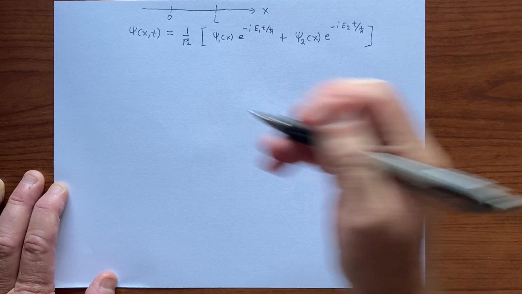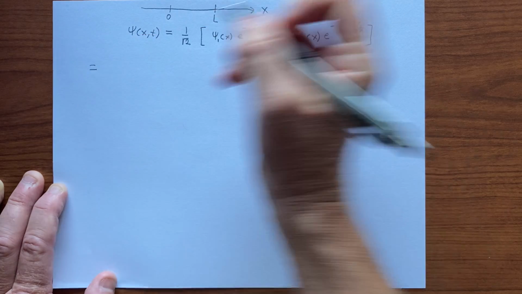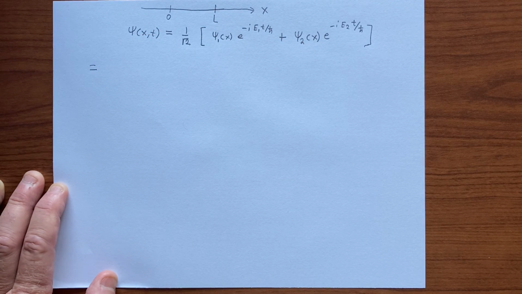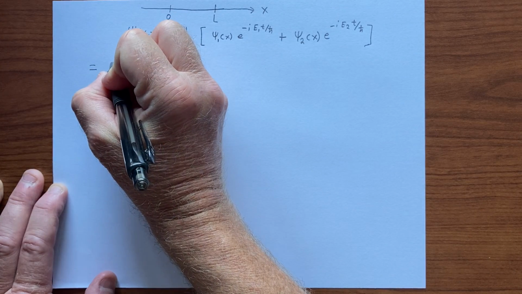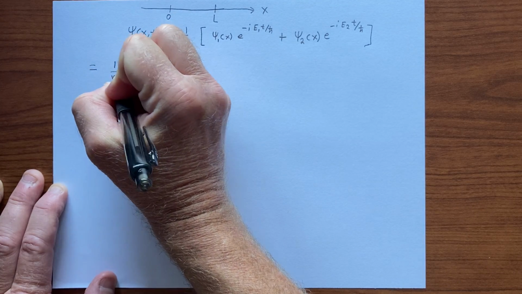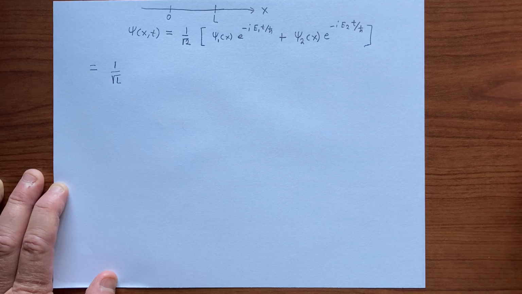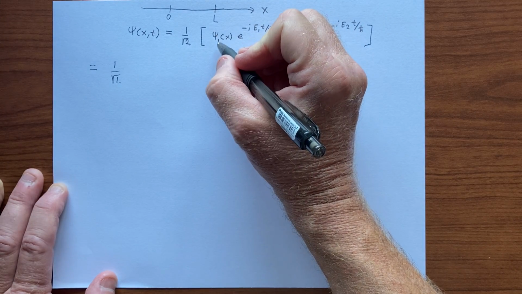So if we write this out in terms of the psi 1 and psi 2 expressions, we get 1 over the square root of L, because there's a square root of 2 over L here.